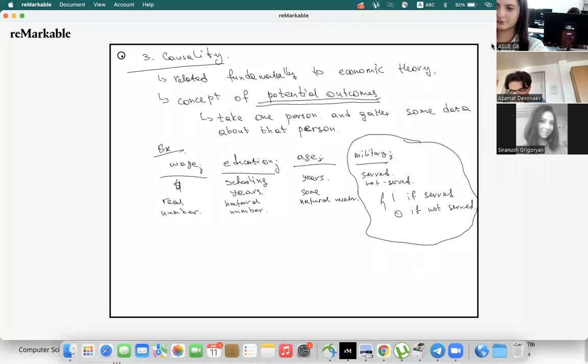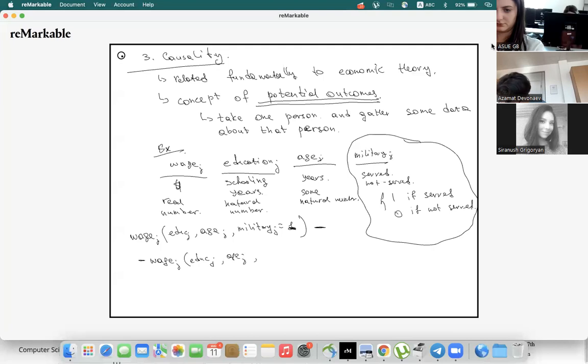Let me write it down. This is basically the wage when all the education of j is kept constant, age, and military equal to 1, minus the wage with age and military equal to 0.